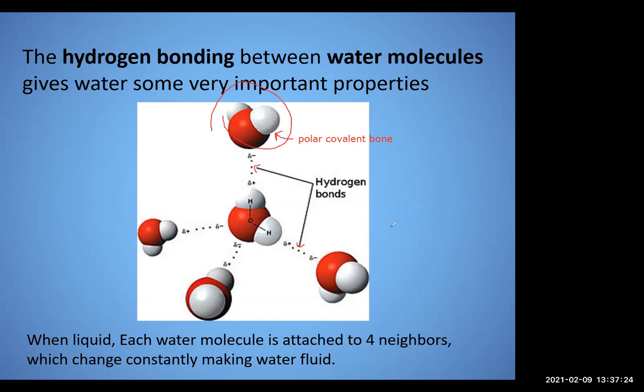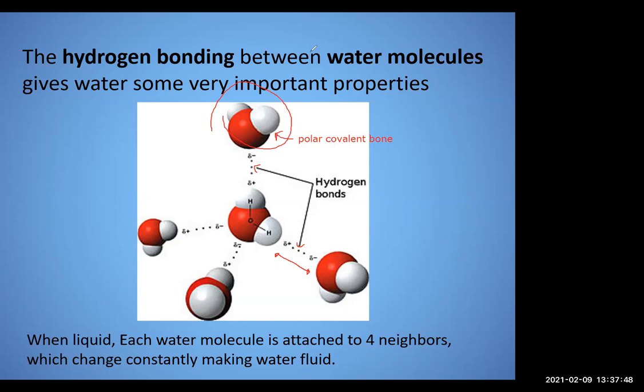Now, as it freezes, they will retain these bonds and they won't keep breaking and reassembling, and they will actually lengthen slightly. That's one of the weird properties of water, that it's fluffier when it's solid than when it's liquid. This is a very rare property.